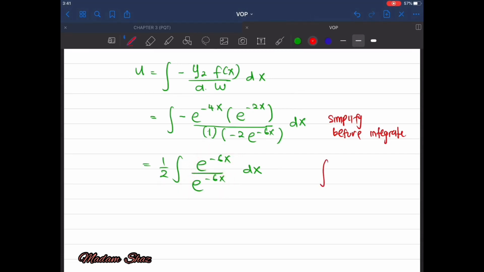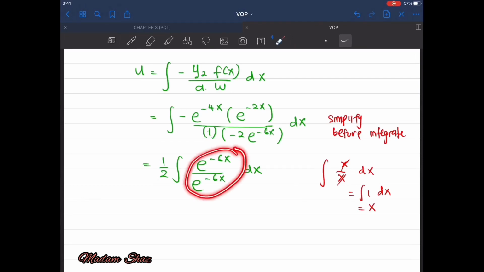For example, if you integrate x over x dx, we can cancel out the x, so you integrate 1 dx, which becomes x. The same concept applies here: you have an exponent at the upper side divided by an exponent at the bottom side with the same power, so we can cancel the exponent.